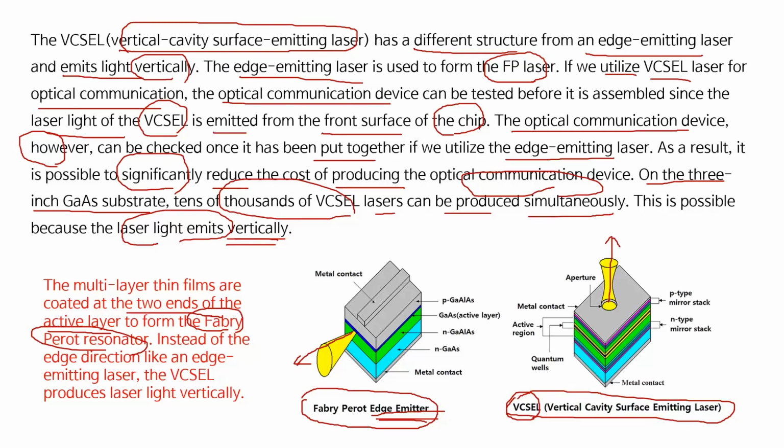So multilayer films are coated here and the other end, and these two multilayer films form the peripheral resonator. So we call this kind of laser peripheral edge emitter laser. Instead of the edge direction, like an edge emitting laser, the VCSEL produces laser light vertically from the surface of the laser.